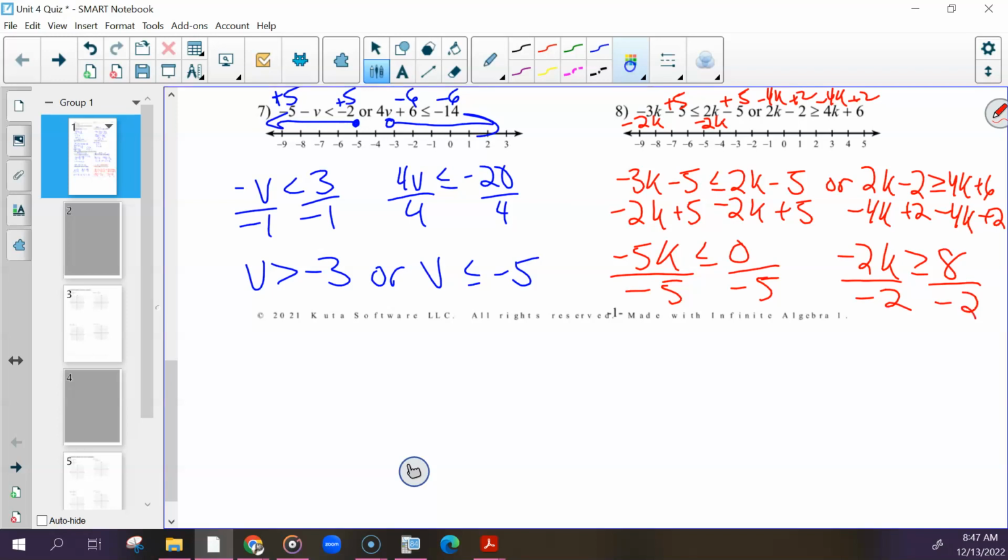Both of your signs change here because you're both dividing by negatives, depending on how you move things. So this should be greater than or equal to 0 and less than or equal to negative 4. So both closed. Graphing away from each other.